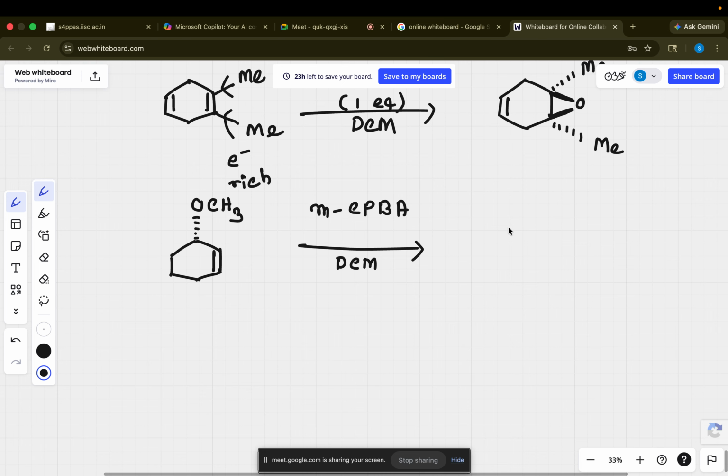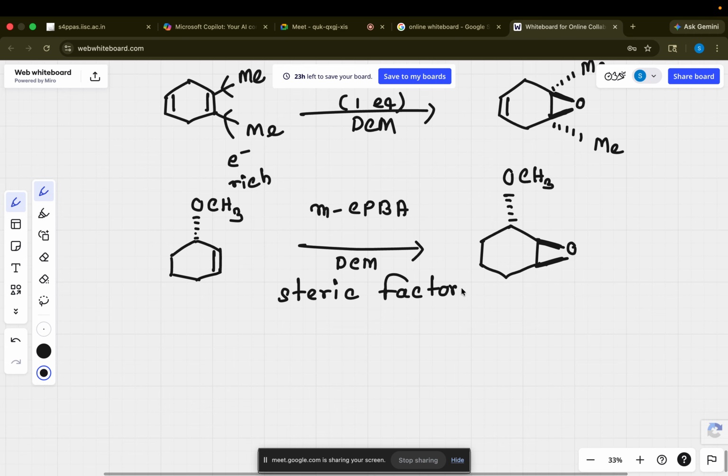Epoxidation will take place, but what will be the plane of attack, above the plane or below the plane? Above. Why above? Because below the plane you already have this OCH3 group. So epoxidation will take place from above the plane. This is your steric factor. OCH3 is below the plane, that's why the epoxidation is taking place from above the plane.